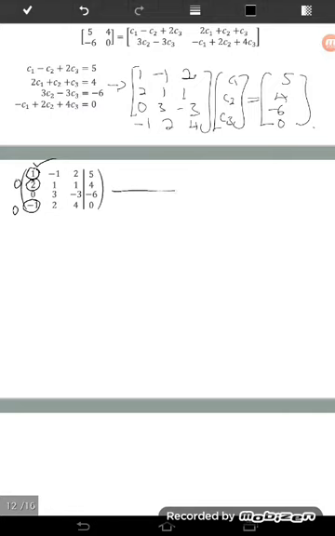To make this one become 0, we do row number 2 minus 2 times row number 1 and put back at row number 2. And for row number 4, we add row number 1 and put back at row number 4.